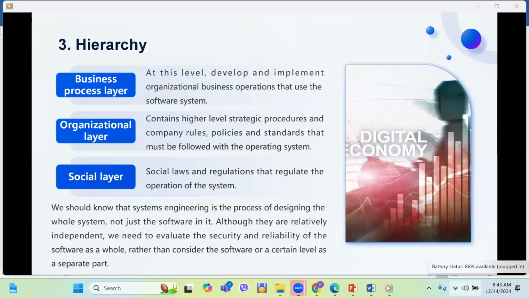We should note that systems engineering is the process of designing the whole system, not just the software in it. Although they are relatively independent, we need to evaluate the security and reliability of the software as a whole, rather than consider the software or a certain level as a separate part.